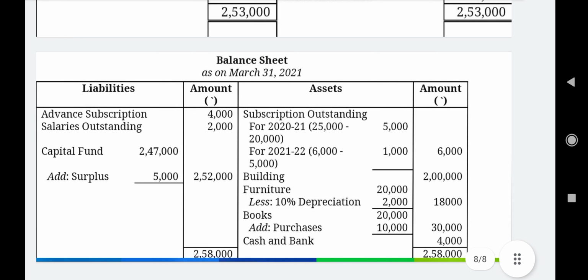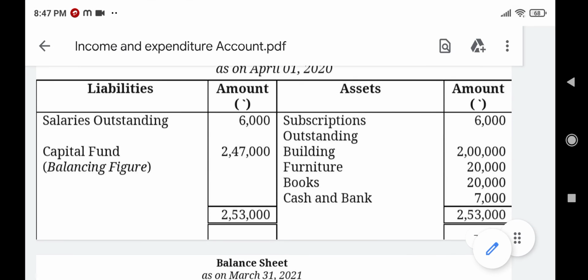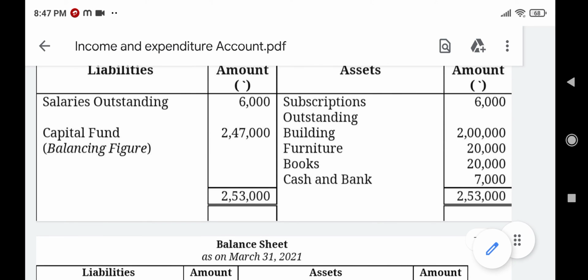Then on the liabilities side, advance subscription, outstanding salary, then capital fund plus surplus. Then you total both the sides, and both will be equal, 58,000. That is your sum relating to income and expenditure account, opening balance sheet and closing balance sheet. Okay, I hope you got it easily.